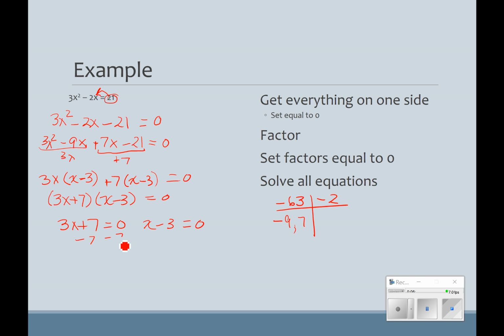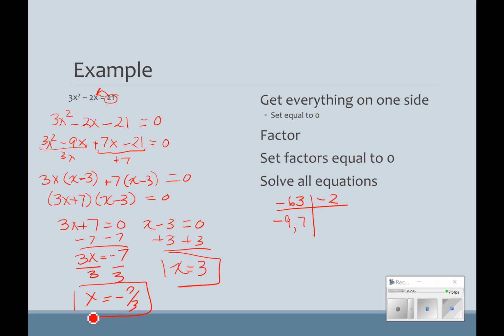If I subtract 7 from both sides, I get 3x equals negative 7. If I divide by 3, I'm going to get x equals negative 7/3, and we're just going to leave it as a fraction. Okay. If I add 3 to both sides on the second factor, I'm going to get x equal to 3. So in this case, x is equal to 3, and x is equal to negative 7/3.